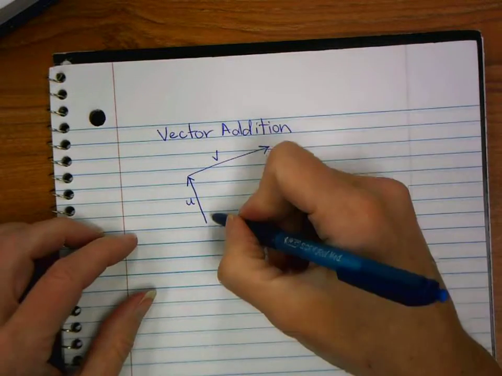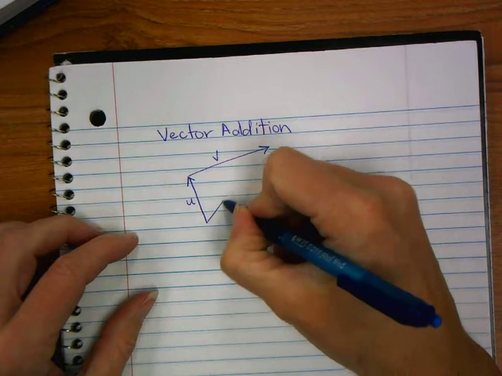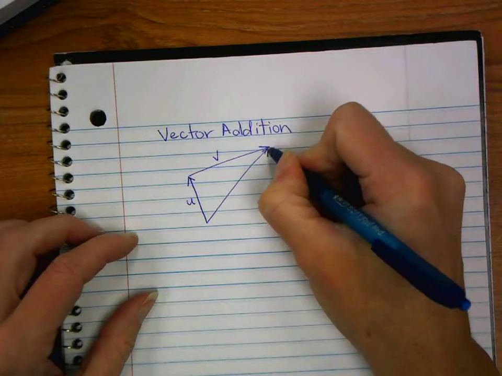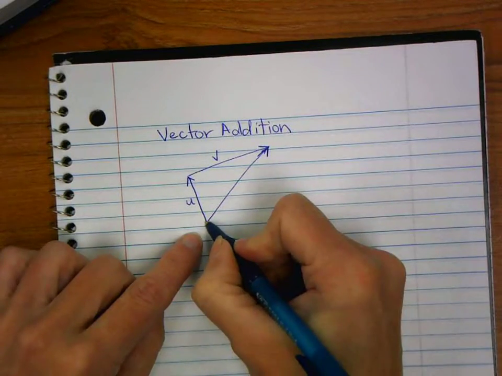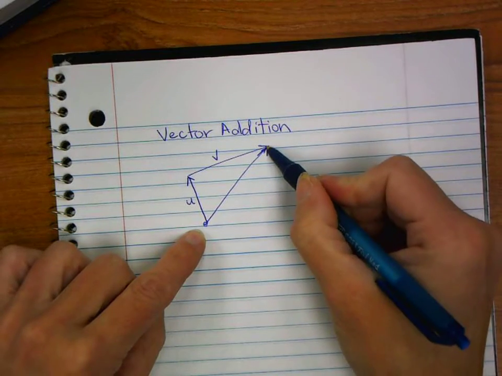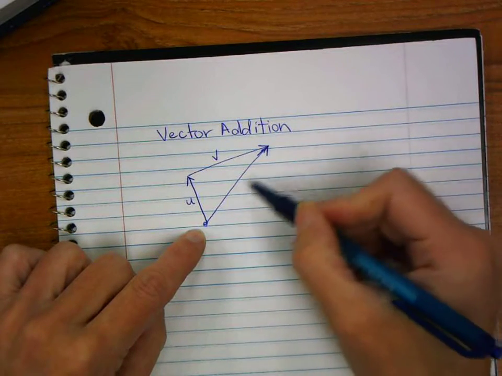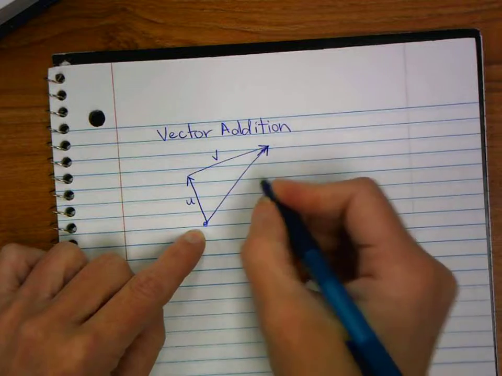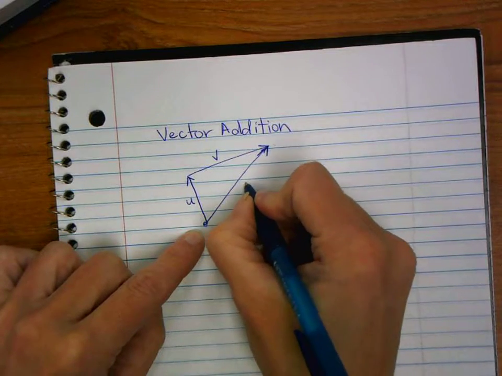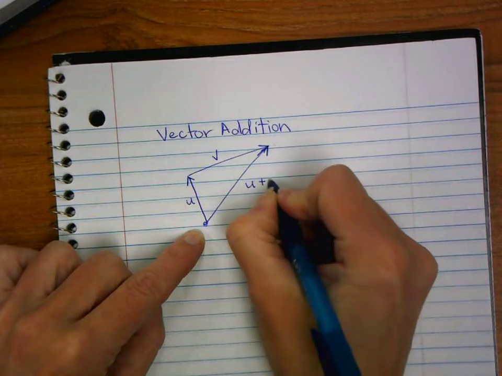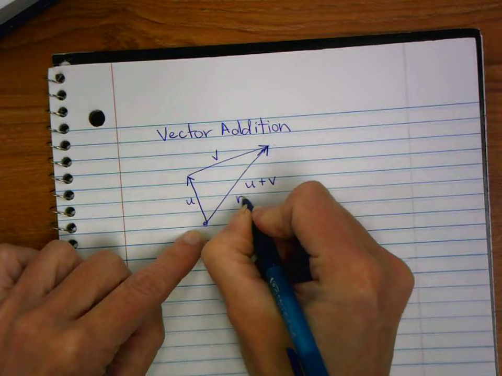And what happens when I put them together is ultimately I ended up starting here and ending up here, my initial and terminal points. This is called the resultant vector. When I add vectors, u plus v is the resultant.